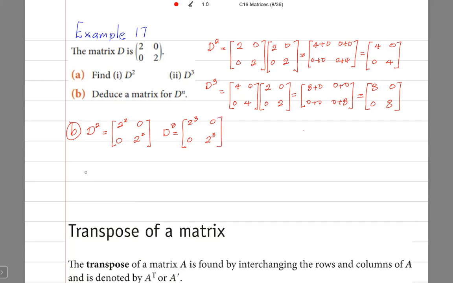So we could reasonably conclude that D to the n would be 2 raised to the n power, 0, 0, 2 raised to the n power.